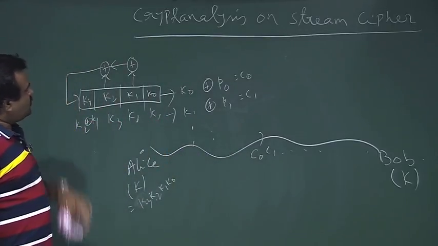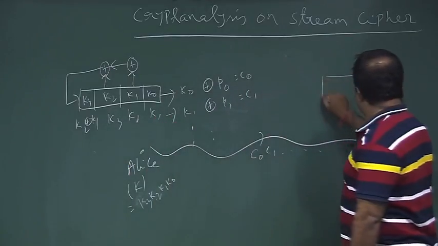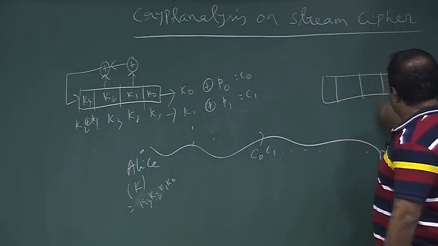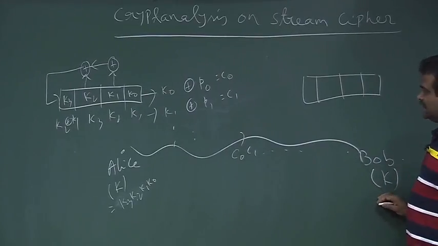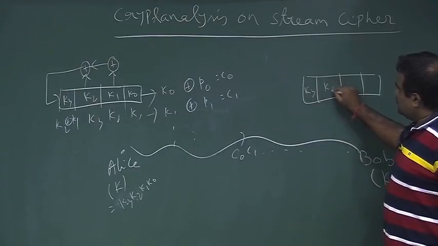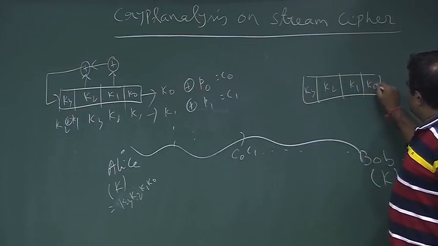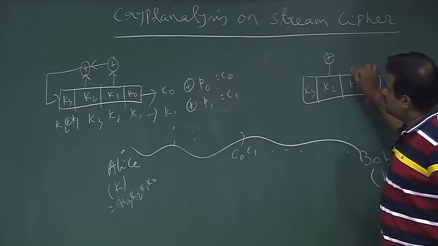Now how will Bob decrypt it? Bob has the same LFSR, the same key stream bit generator, and the same key, which is the secret key shared between Alice and Bob. Bob will initialize the state with this key, using the same LFSR.